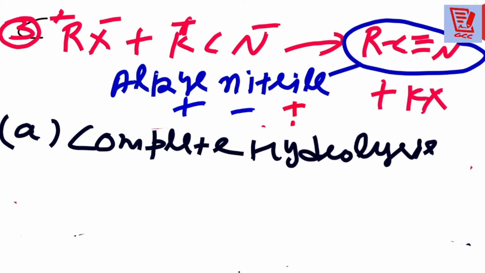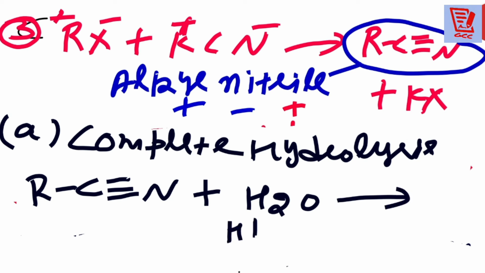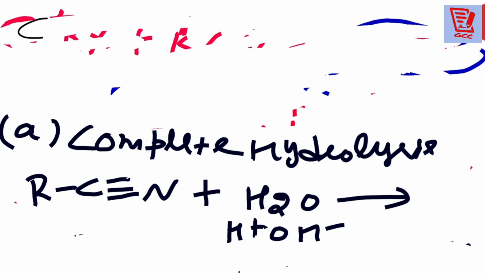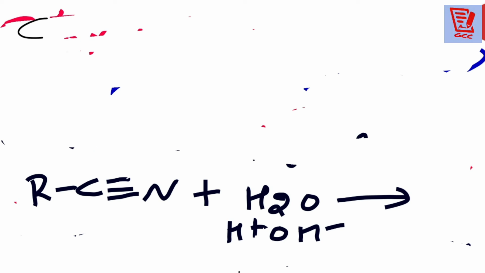When I am doing the complete hydrolysis, here is R, C triple bond N. Here I am writing H2O. H2O is always H positive and OH negative. I am rubbing out the upper one that was written already. Now H positive is there and OH negative is there. Then what is going to happen?